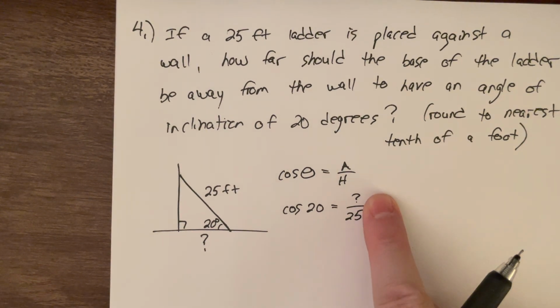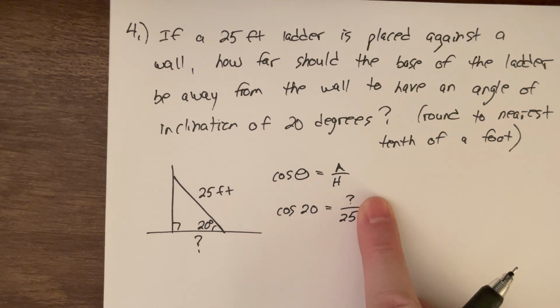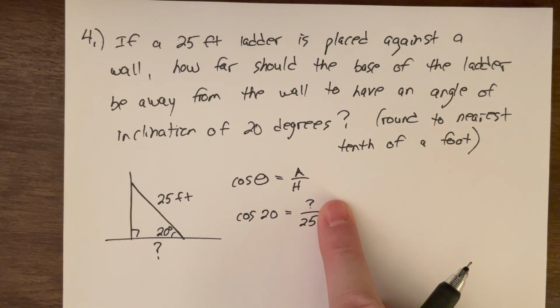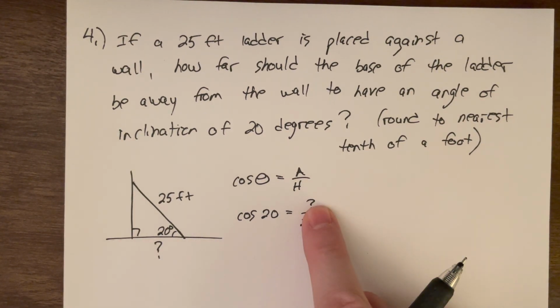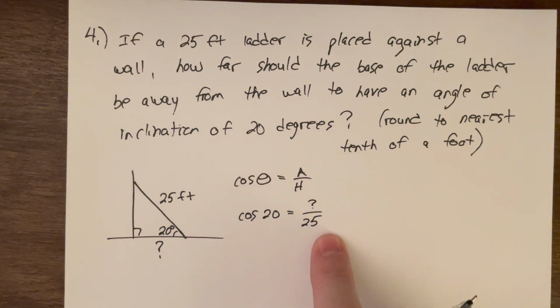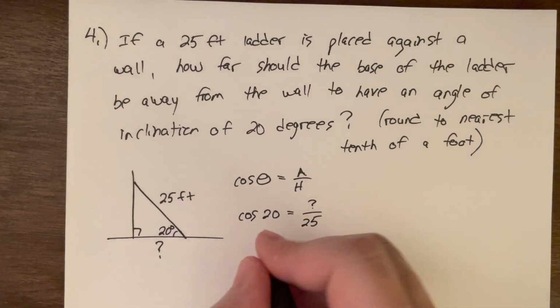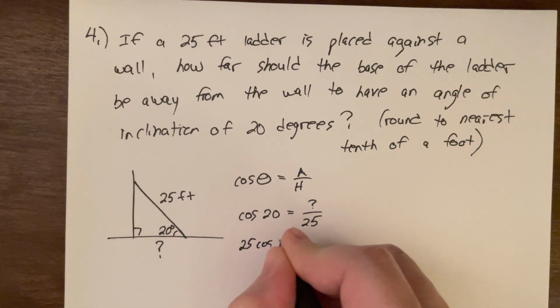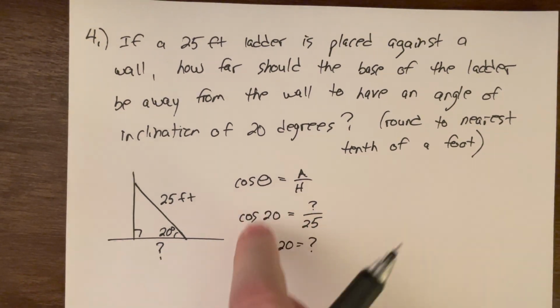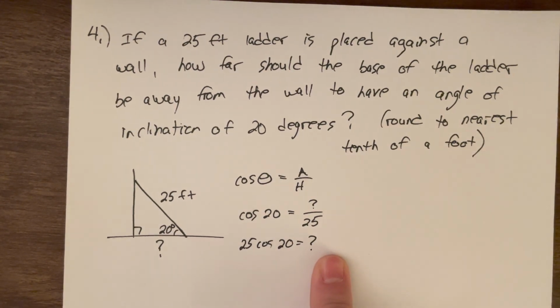I didn't pick to put the unknown in the numerator here. That's the way it worked. It was the adjacent side, so that's what went into the numerator, and the 25 was the hypotenuse. So again, I didn't pick that this is the relationship, but now that that is the relationship, this one happens to be a little bit easier because I just cross multiply and I'm already solved for my question mark.